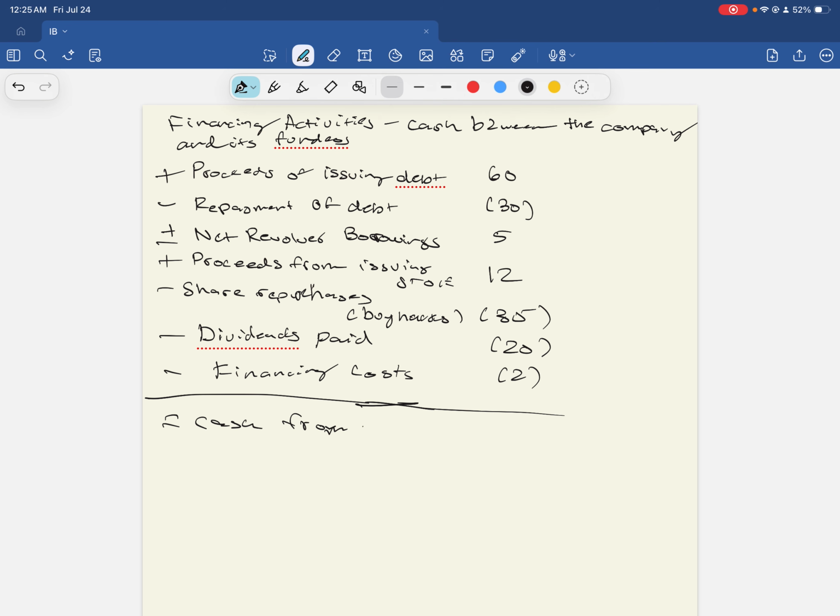But cash from financing activities, right? Cash from your financing activities. That's what you get after subtracting and adding all these different line items. If I'm doing the math right, 60 minus 30 plus 5 plus 12 minus 35 minus 20 minus 2 is going to become negative 10.